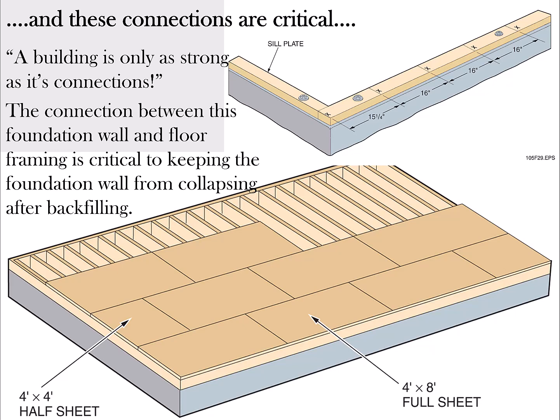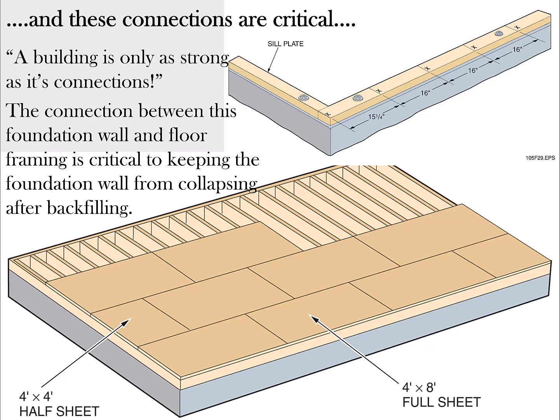Somewhere along the way, either the engineer under-designed and didn't specify enough connections, or just as often, it's the contractor who cheapened or got lazy or didn't think it was all that important and didn't use the right connections or enough of them. So just realize that as you're building, you could be the cause of people getting killed if the building comes down, if you're not focusing on using the correct connections.